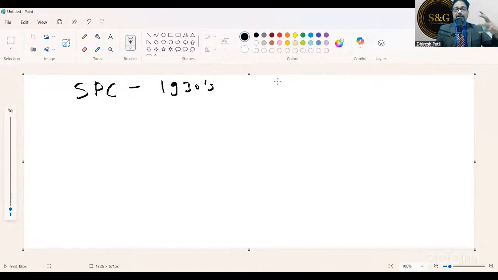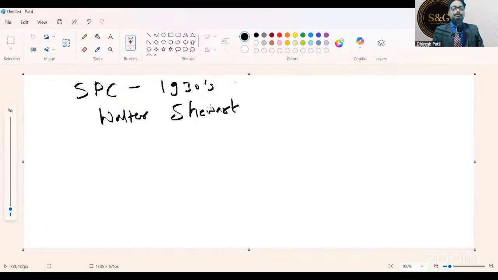Statistical process control started to emerge in the industry, where industry started to collect data and put some controls on the process with the help of statistics. That's where people like Walter Shewhart, a very important contributor, come in. You must remember the name of this gentleman, who has given us statistical process control, control charts, all those things.